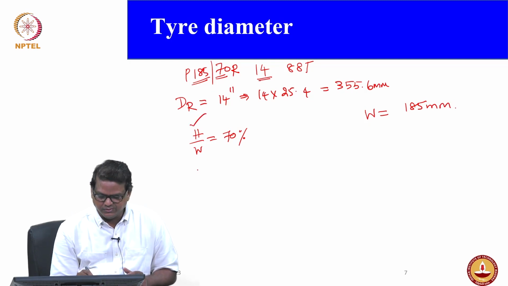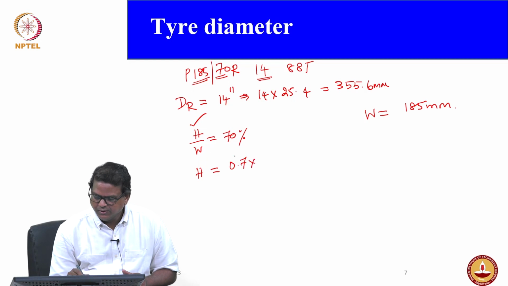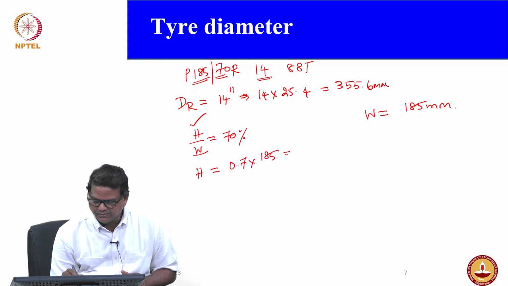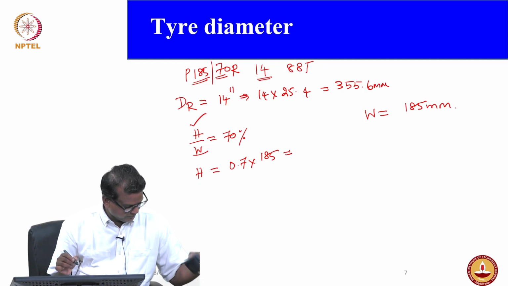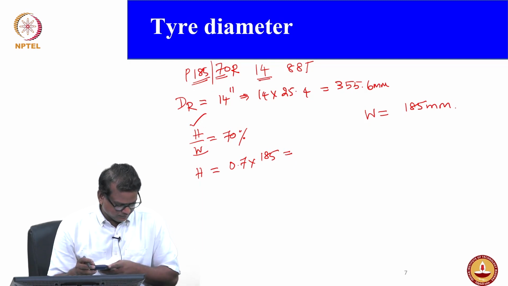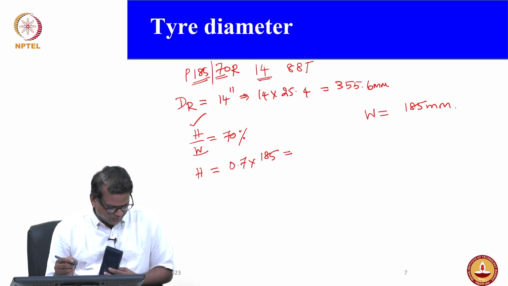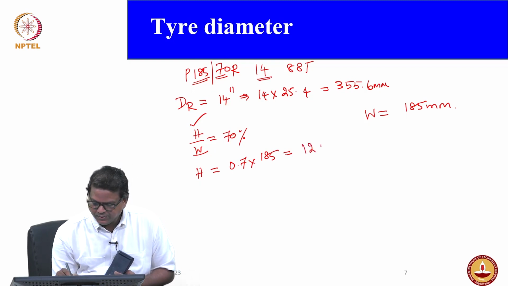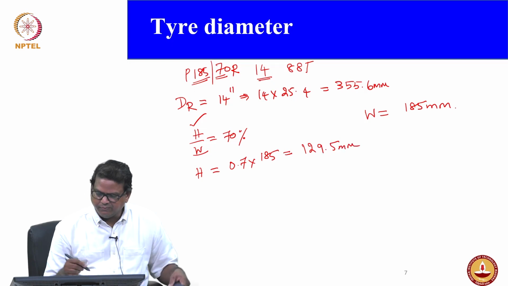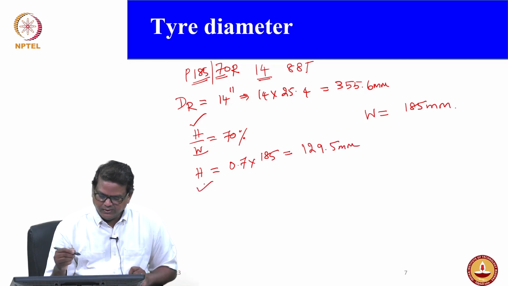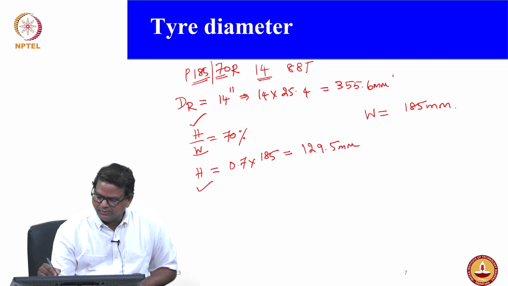So h equals 0.7 times the W value, which I know here, 185. The value we get is 129.5 mm. Now I know the height and also the rim diameter.